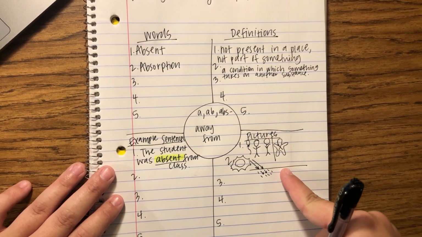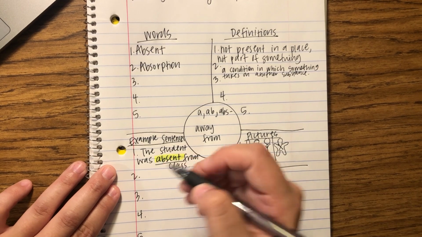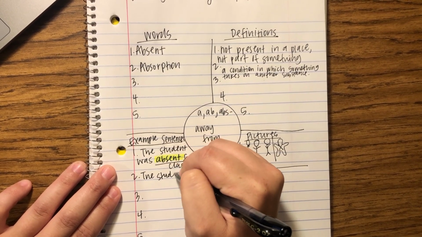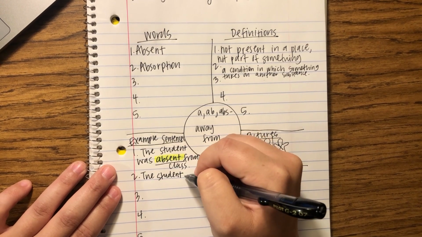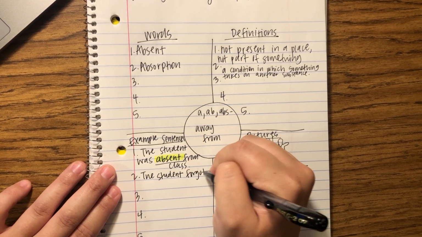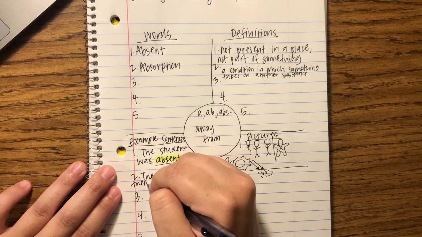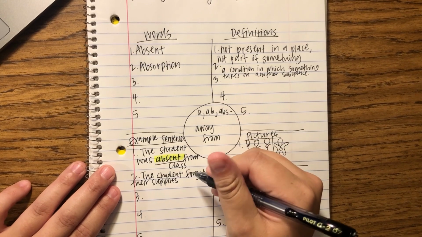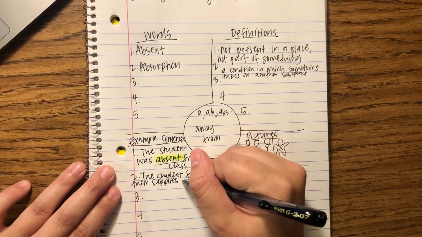Now let's use that word in a sentence. The student, notice we're making a lot of these sentences about school. I think that makes it a little more engaging for you. The student forgot their supplies due to his absorption in socializing in the hallway.